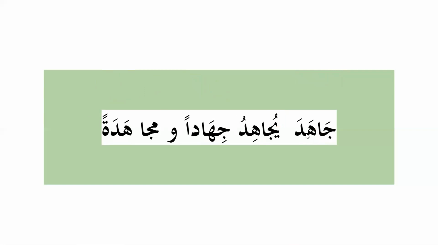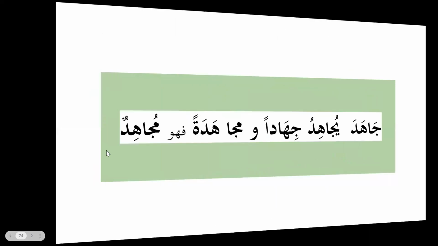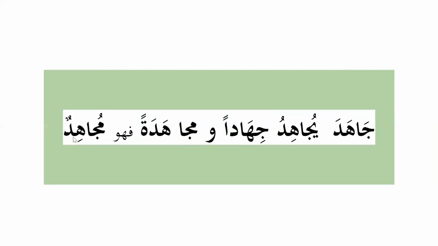So this is jahada, yujahidu, jihadan wa mujahadatan. Now, what is the next one? So far in the first line we have past tense, present tense, and two masadar. But now there is another word pattern that comes in the first line, which is ism fa'il, and that is mujahidun. And remember what we did in Bab Taf'il?